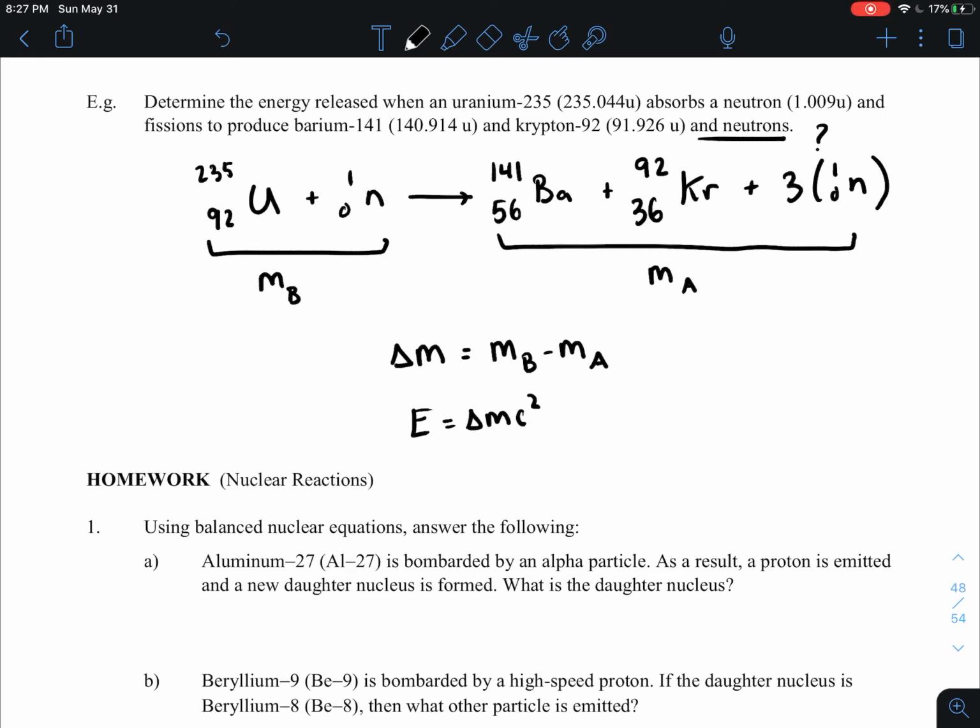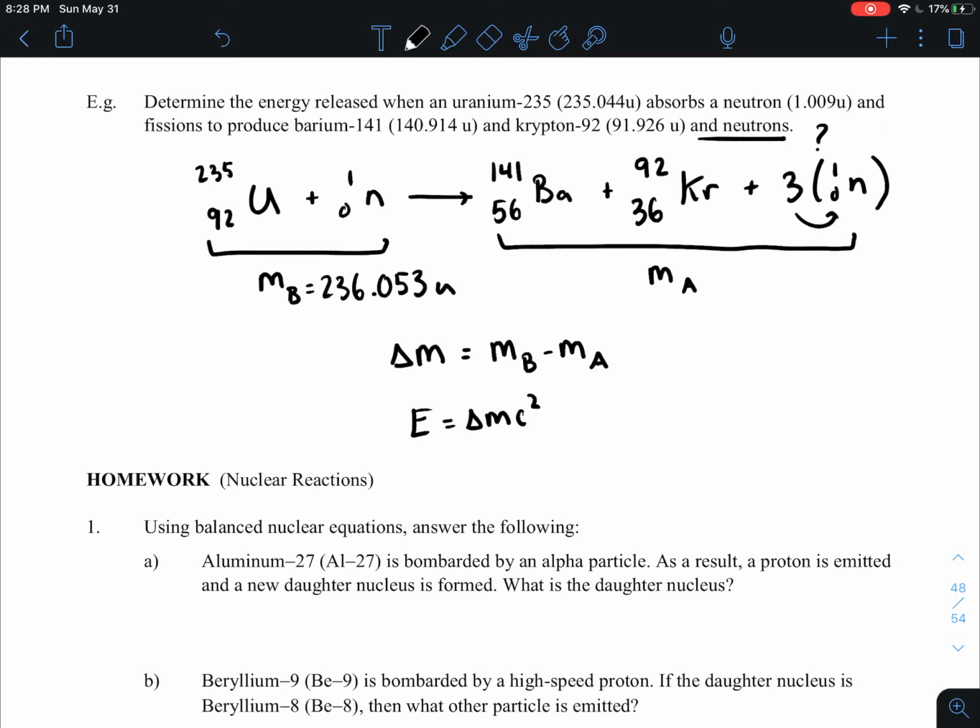So 235.044 plus 1.009 gives me 236.053. And I'm going to keep as many sig digs as my calculator gives me. 140.914 plus 91.926 plus 3 times 1.009.